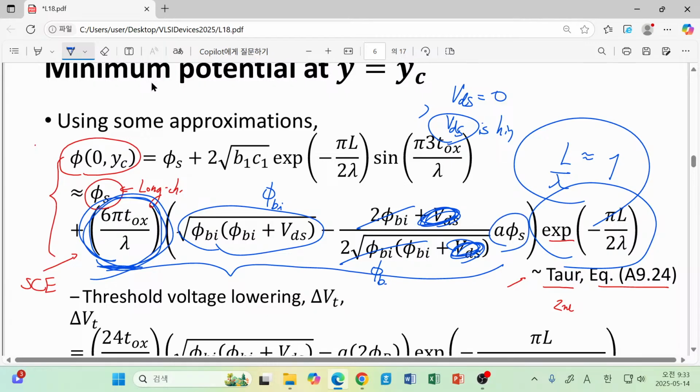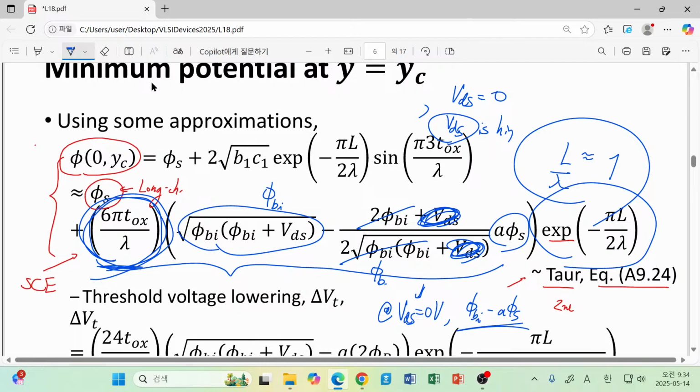So now we have just phi e minus a times phi s. That is a given number, and importantly, it does not vanish. Even at VDS equal to 0 volts, we still have the value corresponding to phi bi minus a phi s.